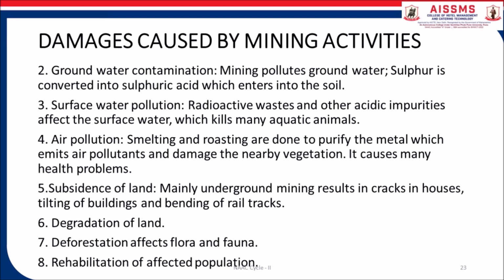It causes many health problems. Subsidence of land. Mainly underground mining results in cracks in houses, tilting of buildings, and bending of rail tracks. Degradation of land. Deforestation affects flora and fauna.